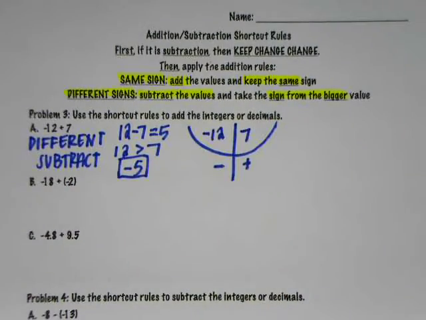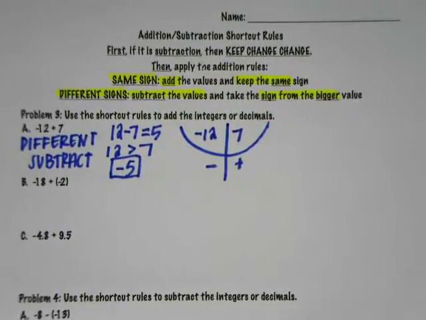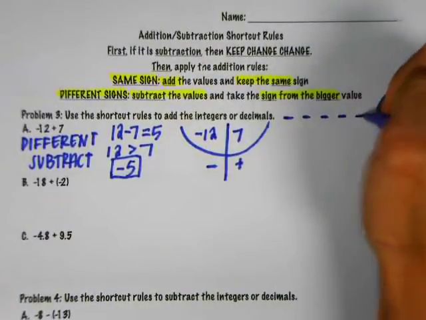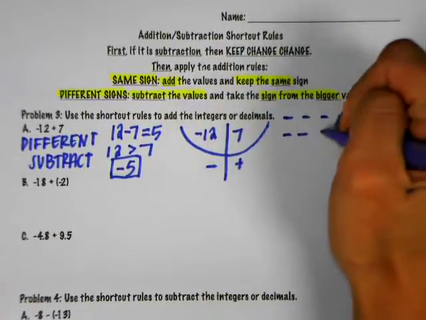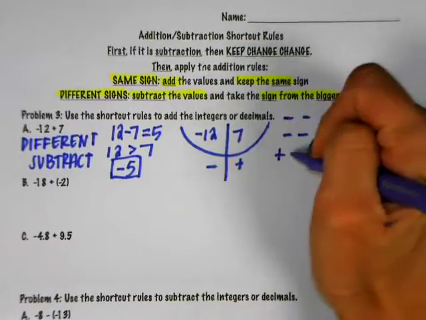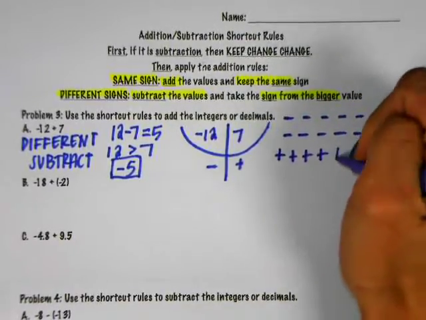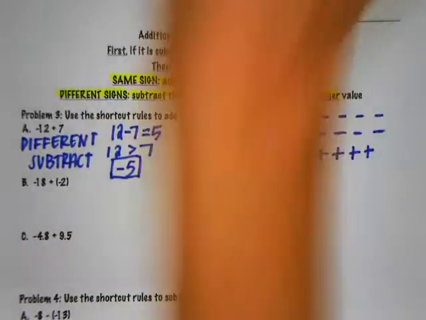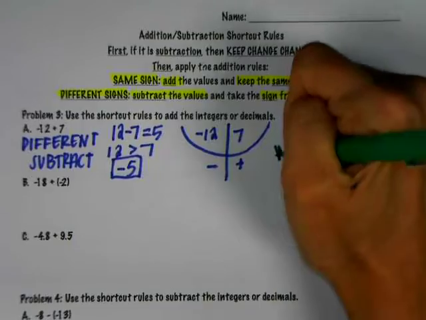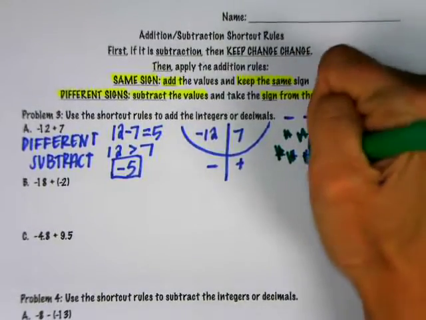So you have pairs canceling out. If I have 12 negatives, 1, 2, 3, 4, 5, 6, 7, 8, 9, 10, 11, 12. I have 7 positives, 1, 2, 3, 4, 5, 6, 7. If you cancel out a positive with every negative and see what you have left, so cancel that with that, that with that.